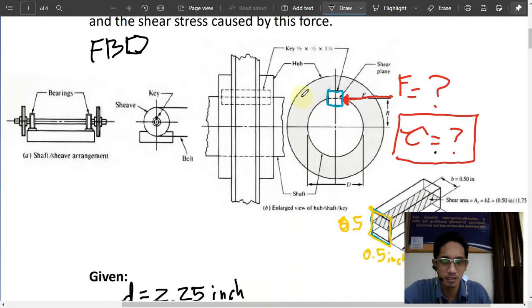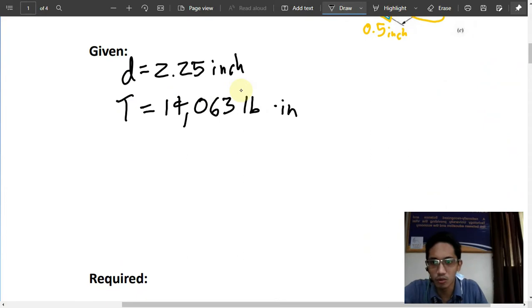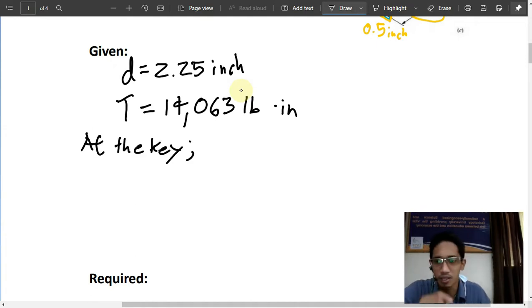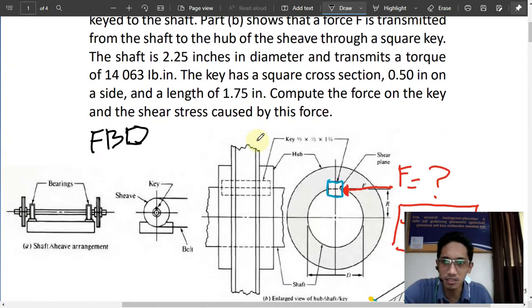Next are the dimensions of the key. To divide the given, we write the word at the key. The key's dimensions are 0.5 on the side and a length of 1.75.